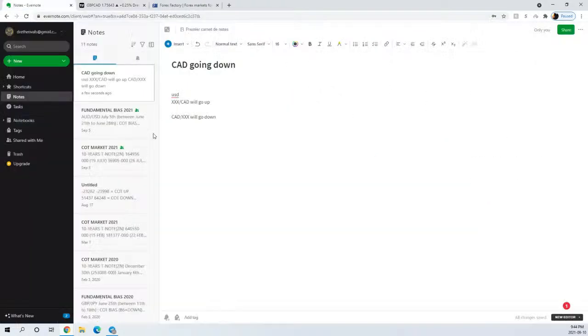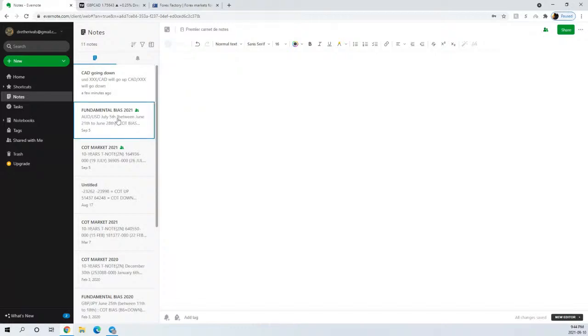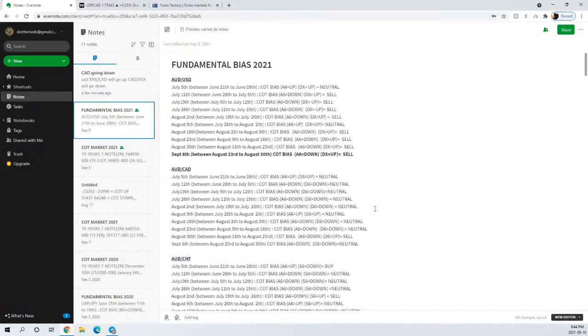Perfect. So far we reviewed five pairs here, 5 to 6 pairs. All of them were going in the right direction of the fundamental bias. Okay.